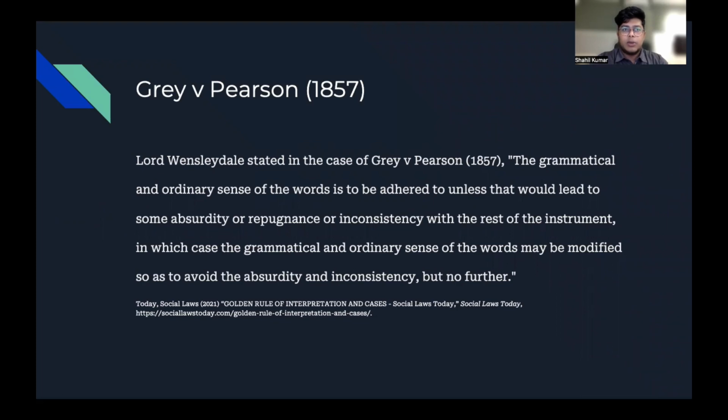Pearson, 1857, quote, "The grammatical and ordinary sense of the word is to be adhered to unless that would lead to some absurdity or repugnance or inconsistency with the rest of the instrument, in which case the grammatical and ordinary sense of the words may be modified so as to avoid absurdity or inconsistency, but no further." Close quote. This indicates that under the golden rule, a judge may stray slightly from the literal meaning of the phrases in order to give respect to the legislative objective and obtain a reasonable ruling.